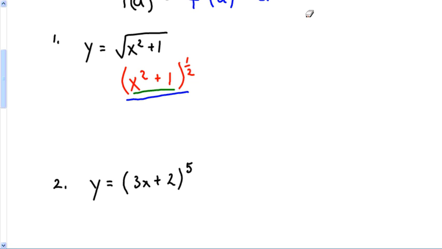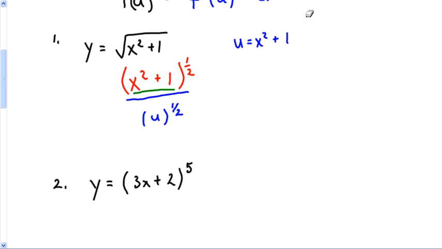Now, just for the sake of doing this, let's do a little substitution. Let's say that u is equal to x squared plus 1. Now let's replace the inside with u to the 1/2 power.